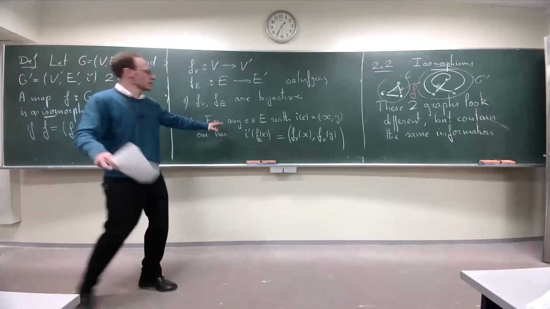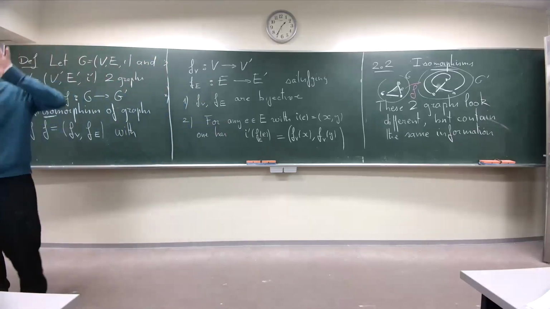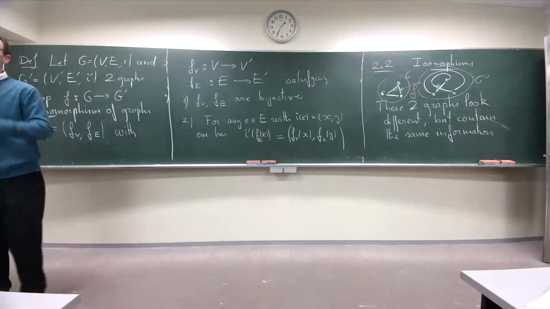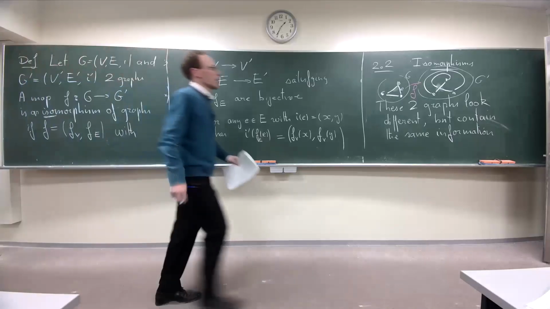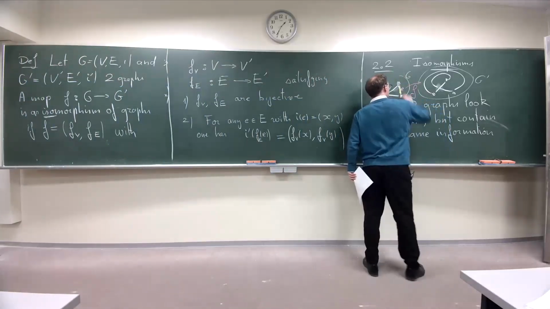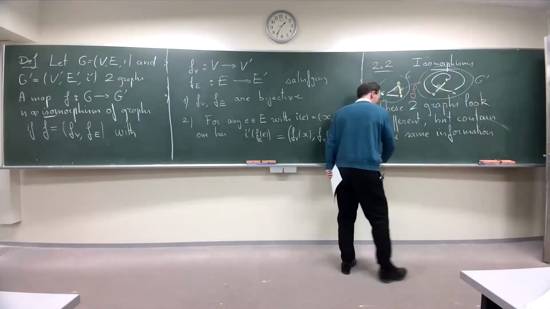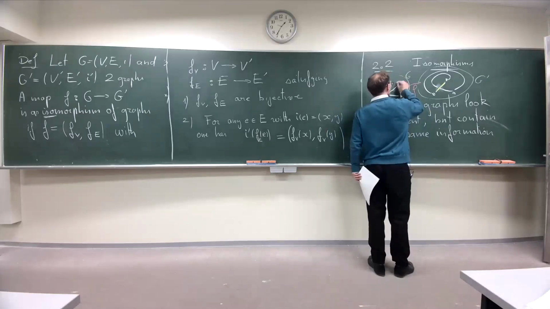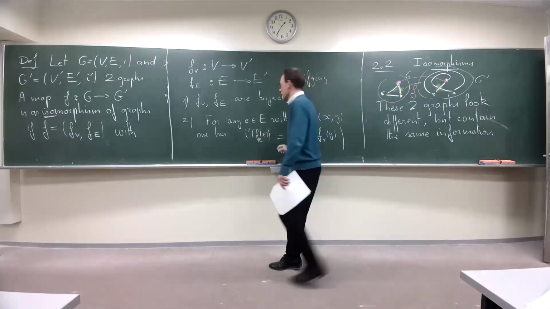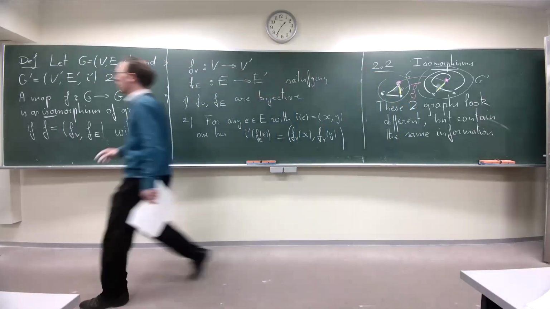Otherwise, it means these two functions would simply mix the information. They would do something on edges, do something on vertices, but there would be no compatibility. Let's put in color. This E is sent to this one, for example. But of course, I want this guy to be sent to this one.